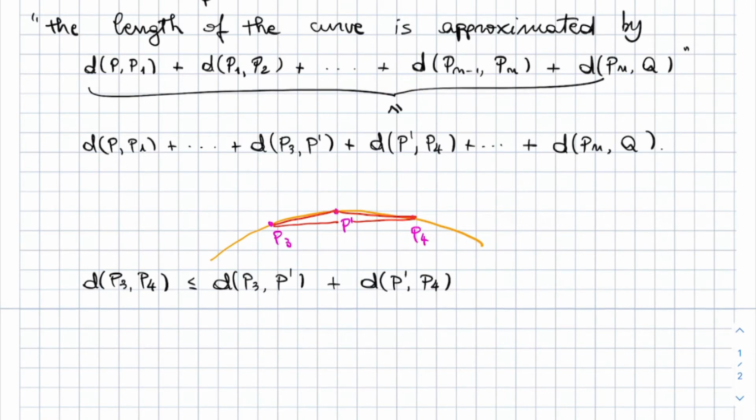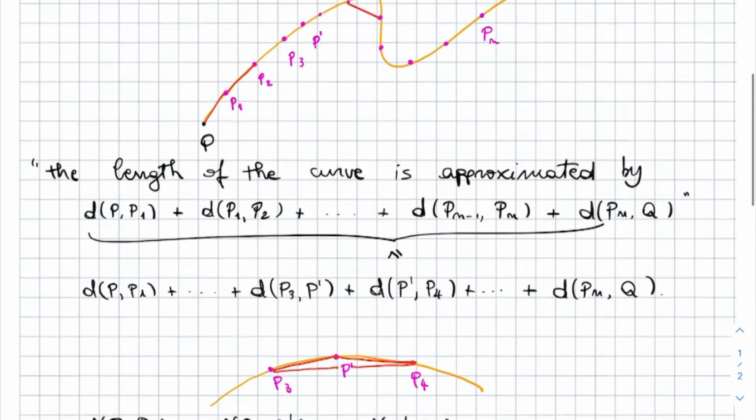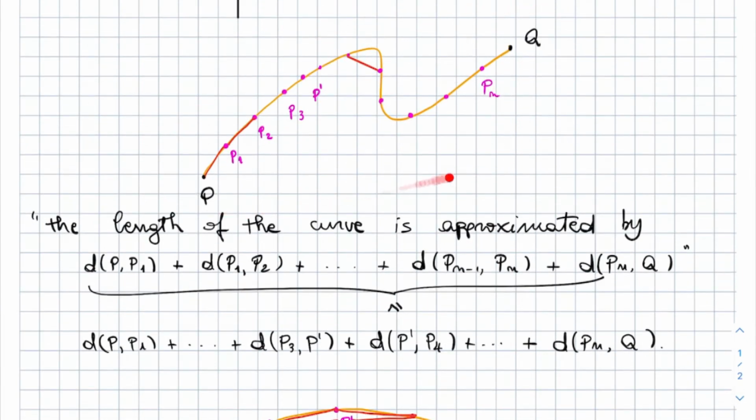But the question is, why does this inequality tell us that we're giving the correct definition? Of course, it doesn't prove it, but it gives us a hint that it's probably the correct way to proceed. Why? Well, because we would assume that the length of such a curve is finite, because we can draw this finite curve.